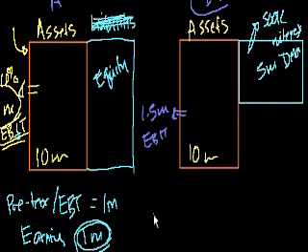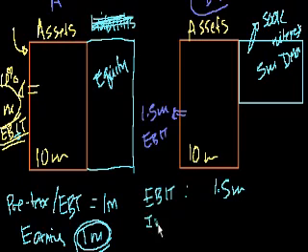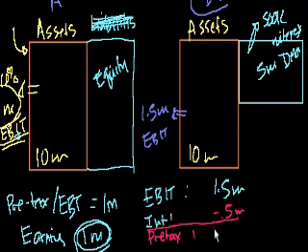So his pre-tax, let's do the bottom part of his balance sheet. His EBIT, his earnings before interest and taxes, is $1.5 million. But then if you want to subtract out interest, you'd subtract out $0.5 million, $500,000. And so his pre-tax is going to be $1 million, right?